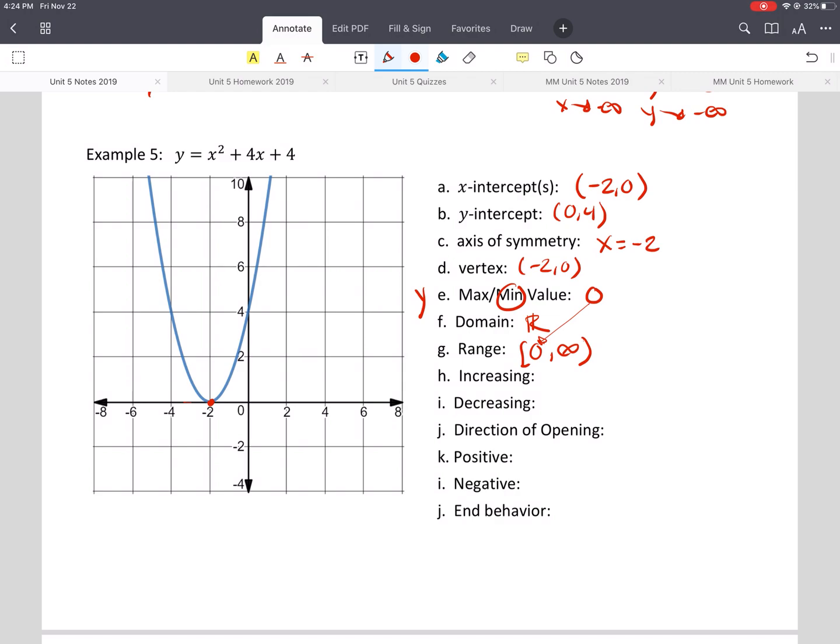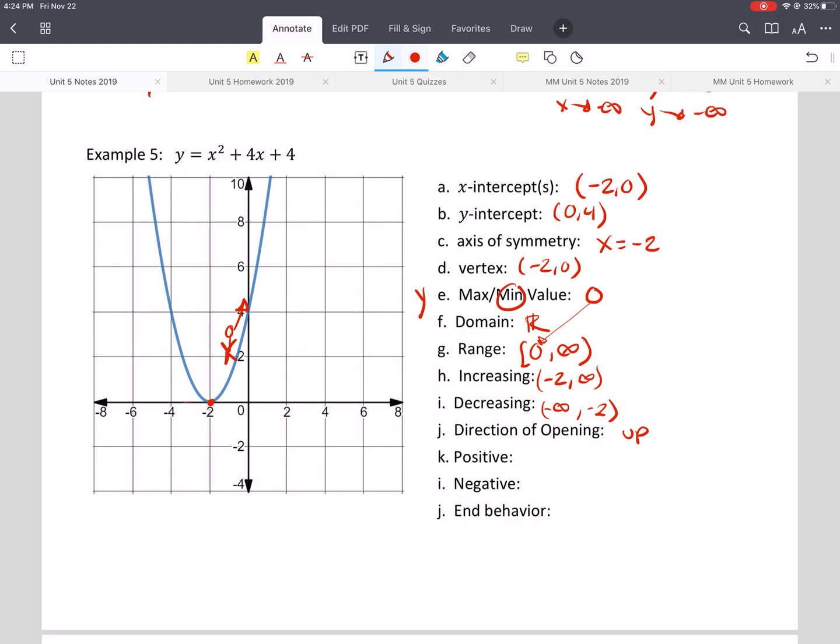So increasing, okay, you're walking up the mountain, so it starts at negative 2 and goes to infinity. And decreasing is from negative infinity to negative 2. Direction of opening is concave up. Positive, it's positive. This is another thing that's a little tricky. It's positive everywhere except for the vertex.